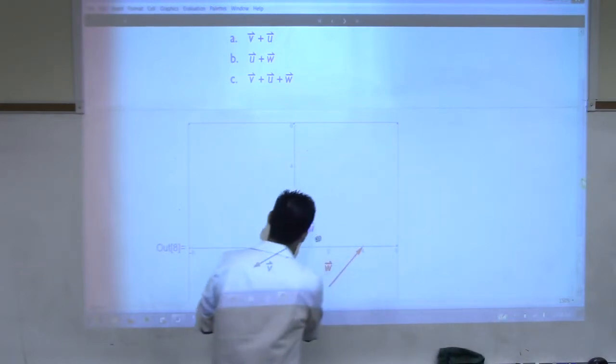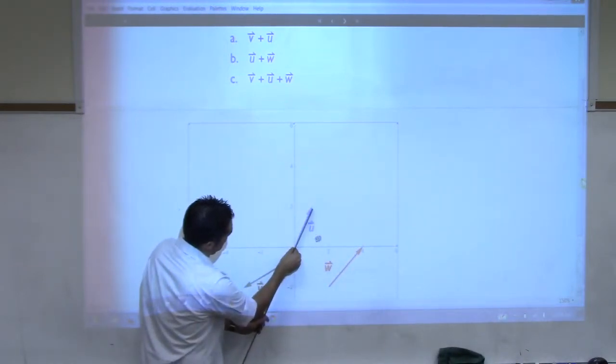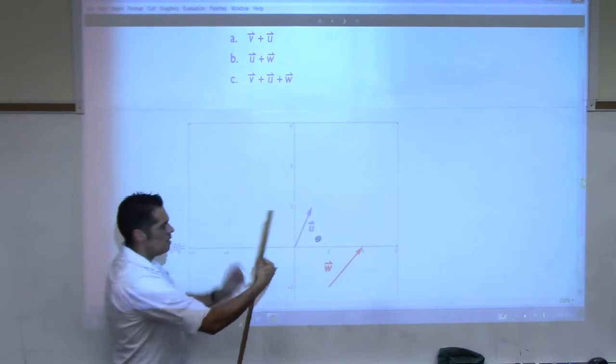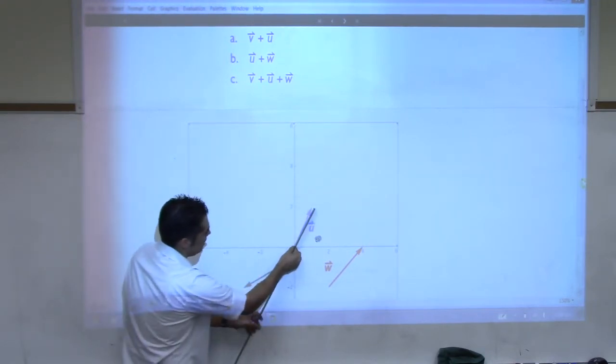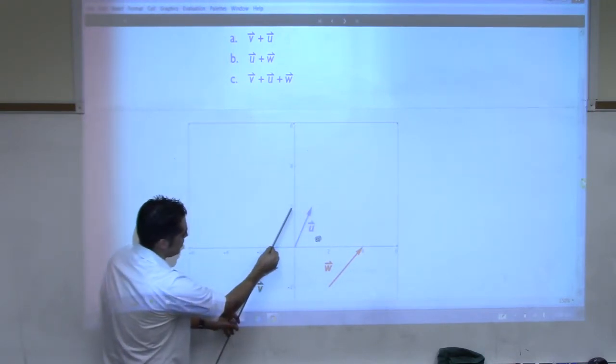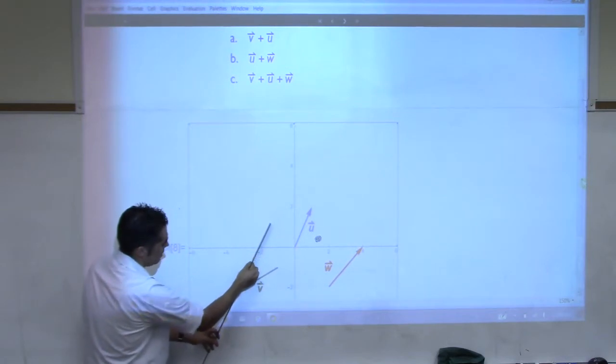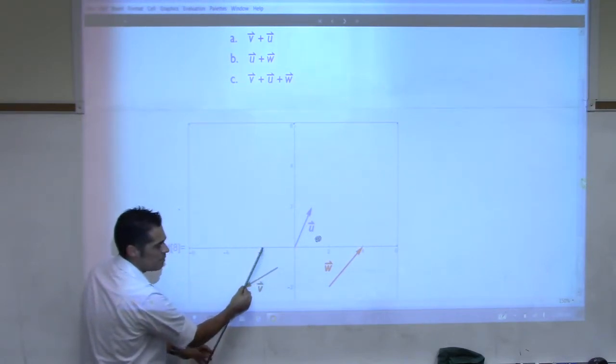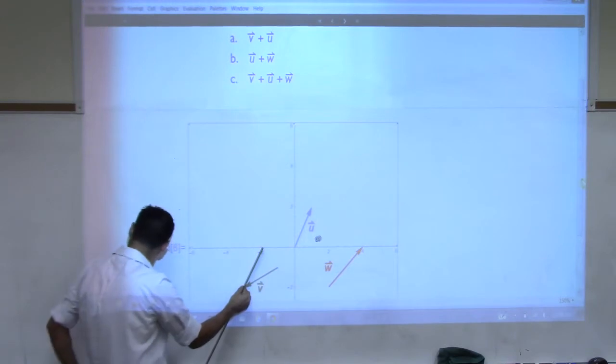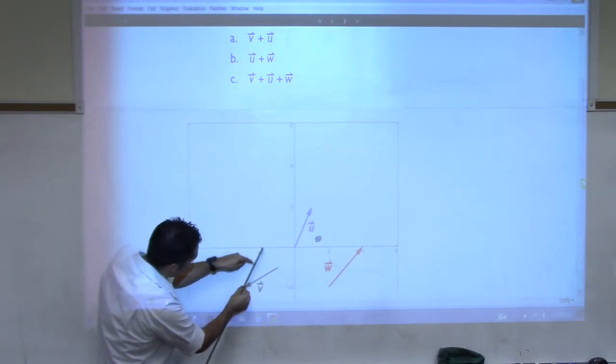So let's say this is u right here. Do you all agree it's about that long? All I need to do is slide it, maintaining its direction, and bring it down. Y'all with me? So it's going to go up to about right there.